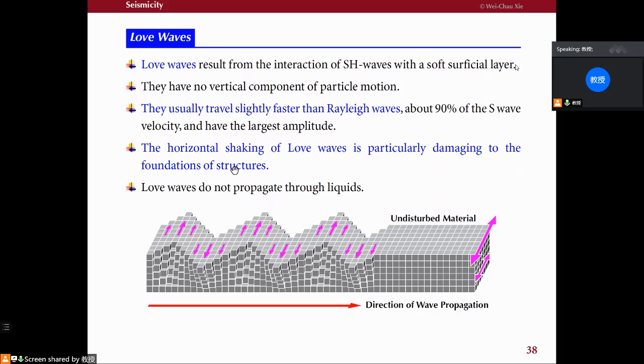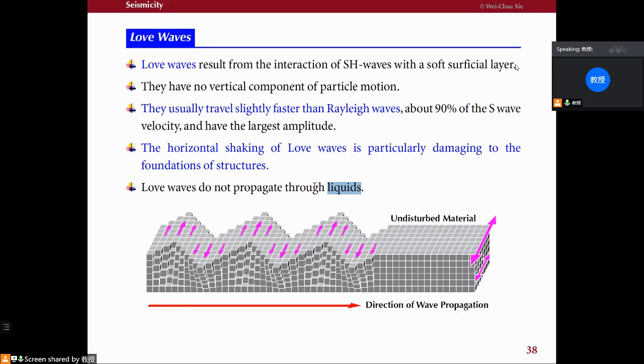They usually travel slightly faster than Rayleigh waves, about 90% of the S-wave velocity, and have the largest amplitude. The horizontal shaking of Love waves is particularly damaging to the foundations of structures. And because liquid does not have shear strength, Love waves do not propagate through liquids, only solids.